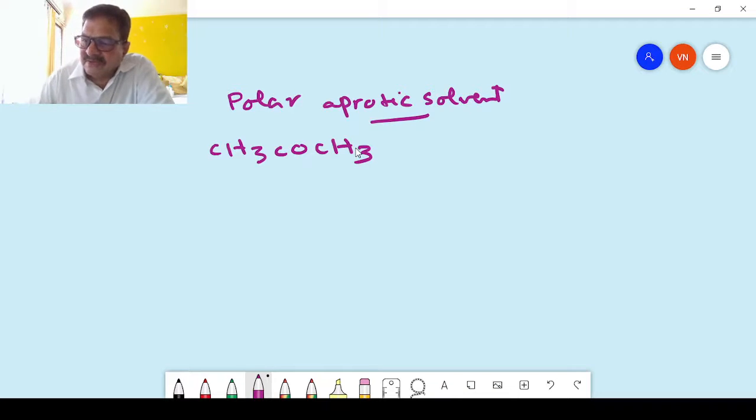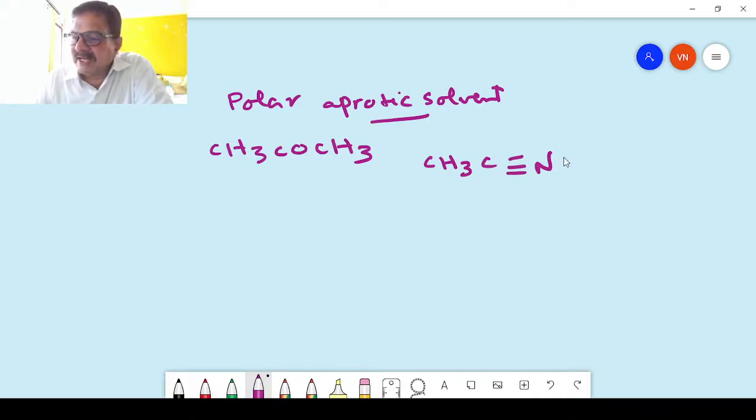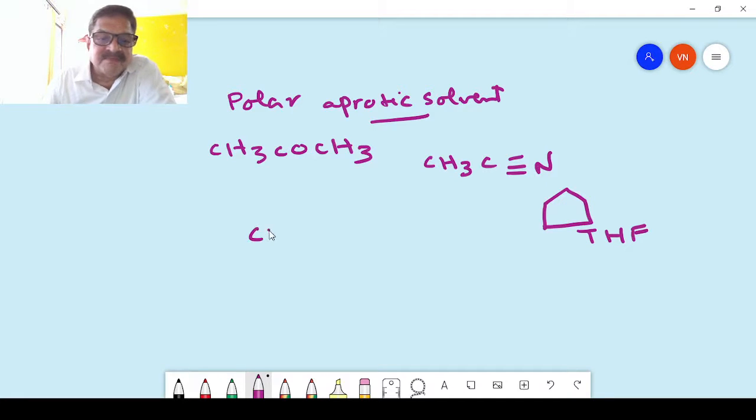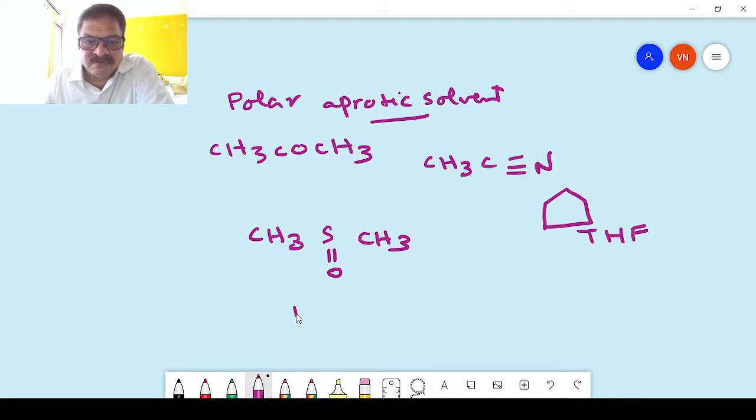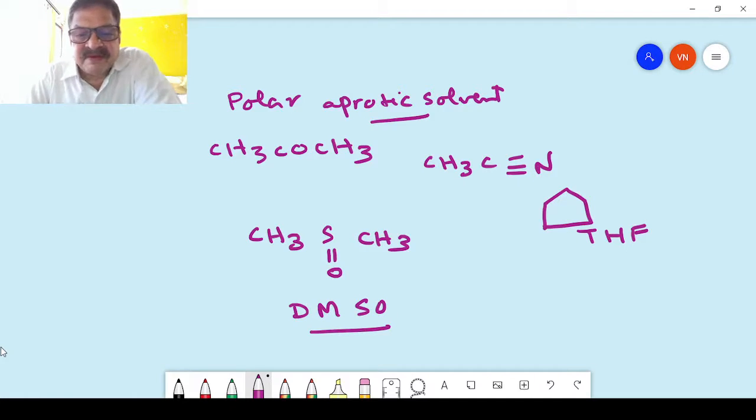Now, if you have another compound, say CH3, C triple bond N, that is acetonitrile. What is this compound? This is tetrahydrofuran, THF. Now dimethyl sulfoxide, DMSO.